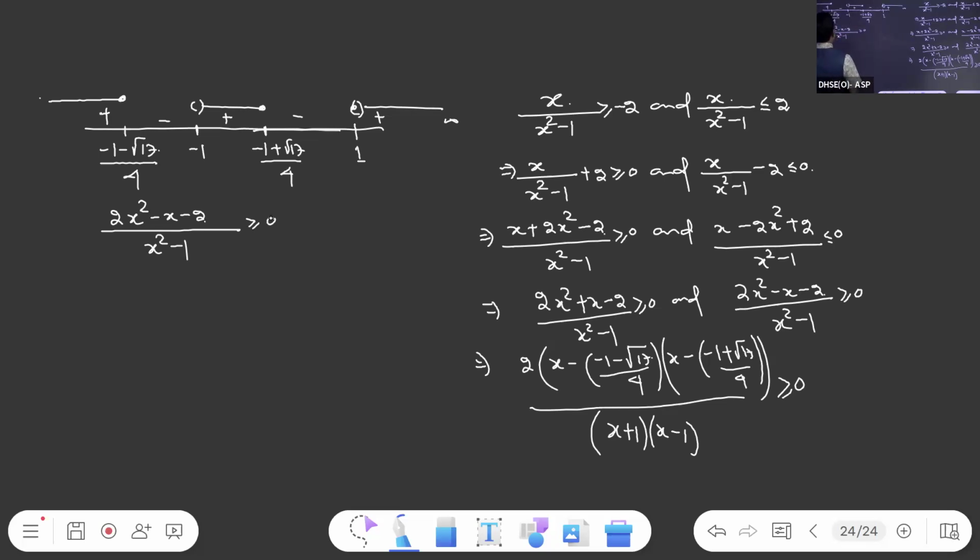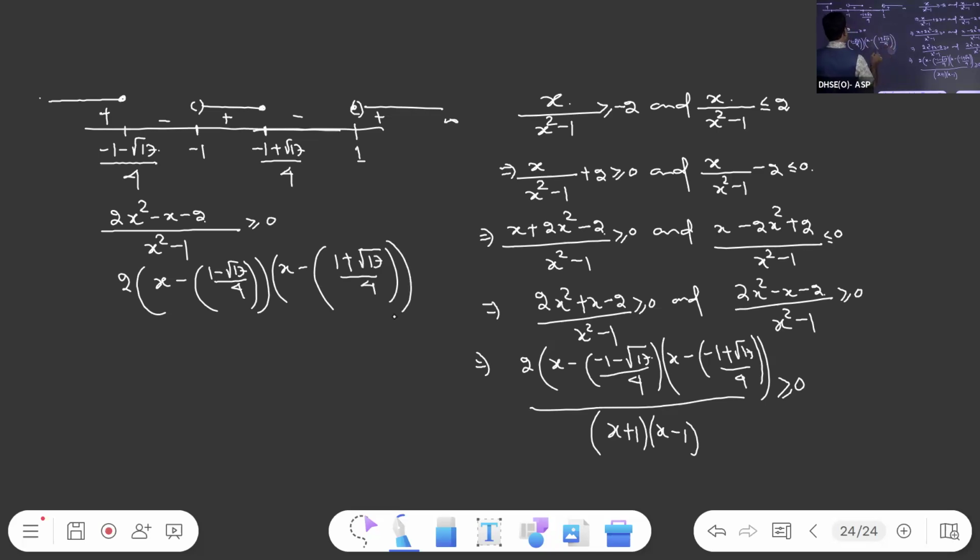So this is 2 into x minus 1 minus root 17 by 4 into x minus 1 plus root 17 by 4 upon x plus 1 into x minus 1 greater or equal to 0.